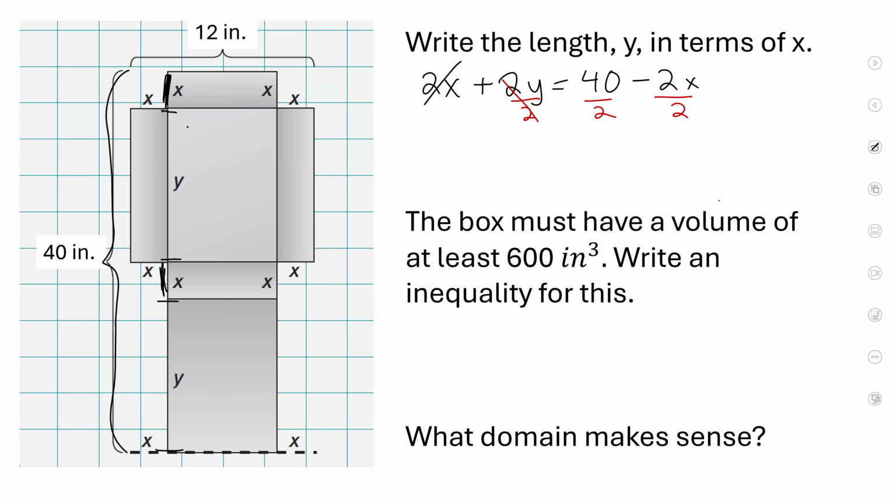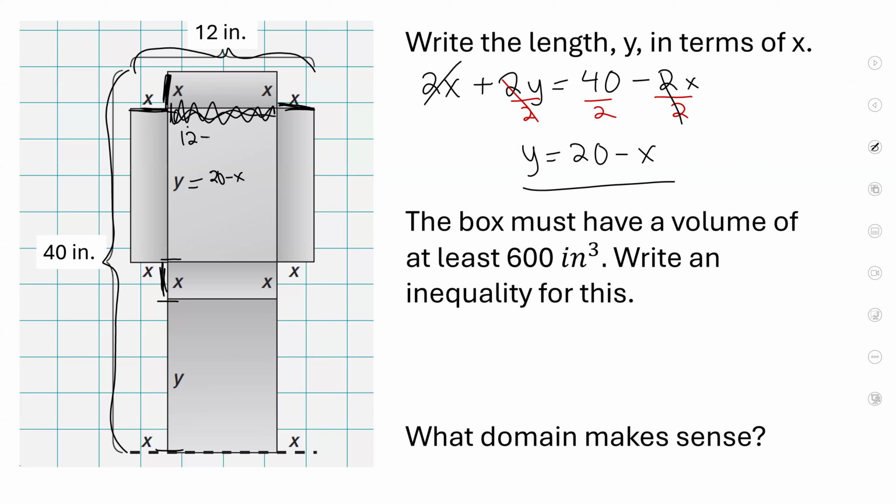So that means I know the length is 20 minus x. That's one side, this side right here. To get this side, this part of the box, the width, do 12, which is the whole thing, and take away this x and this x. So 12 minus 2 x's will give you this width.